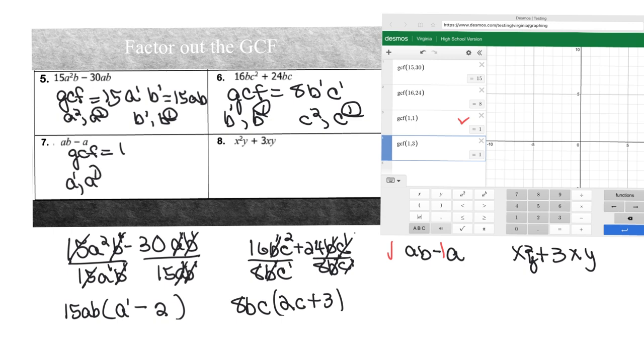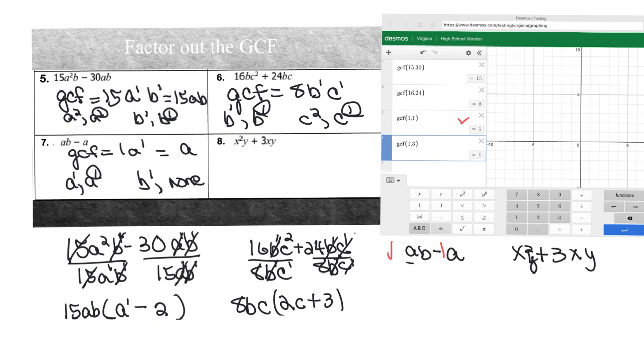They are the same, therefore a to the first is going to go in my GCF. In the b's, I have b to the first in the first term, and I have none in the second term. Anytime there is none, then automatically there will be none in the GCF. So my GCF of this one is just plain 1a, or a.